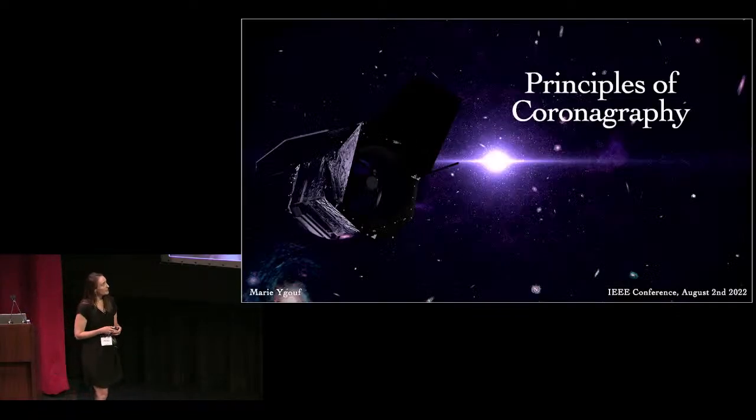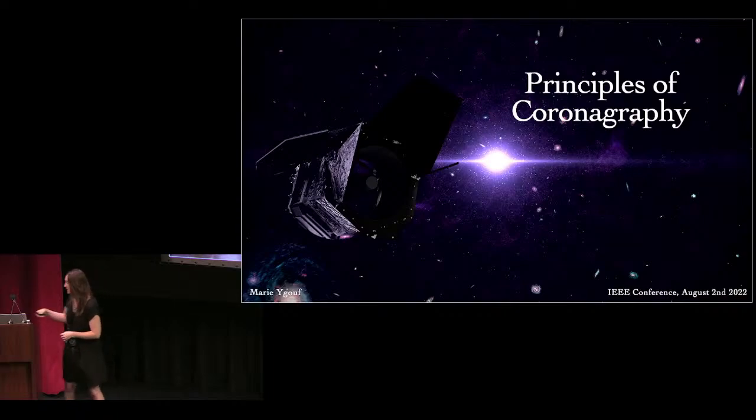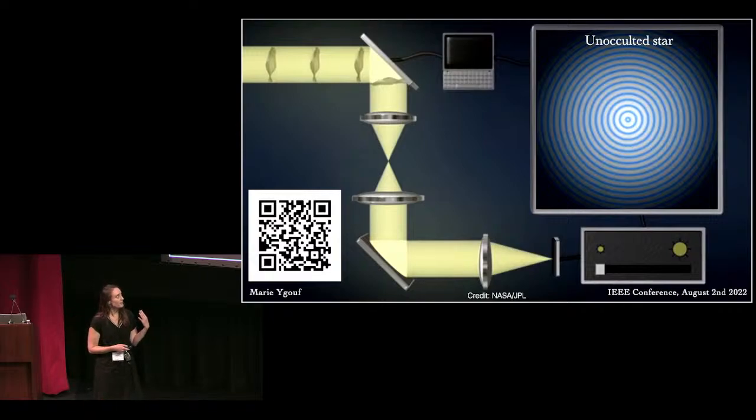So now that we saw the advantages and the disadvantages, the challenges of this technique, we'll go a little bit deeper into the principle of coronagraphy. And to do that, I really like to show those screenshots from a movie that is actually accessible on YouTube, that was done by scientists and artists at JPL, that explains very well the principle of a coronagraph.